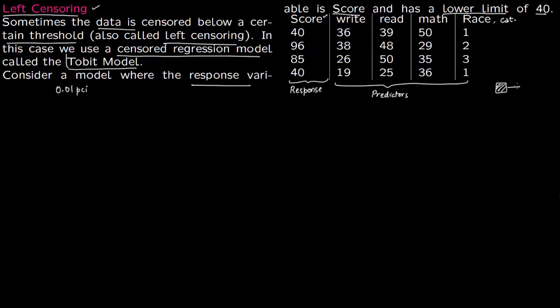The output of the model is score, and the score is bounded below by a threshold value of 40, so we have to use a Tobit model. The inputs into the score are your reading score, your writing score, your math score, and the categorical variable race, which takes on values 1, 2, or 3.